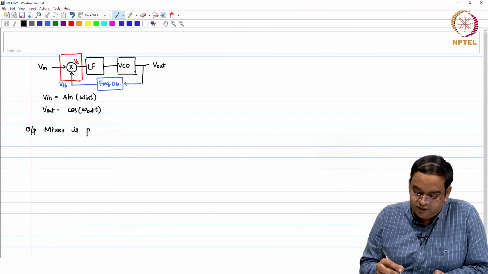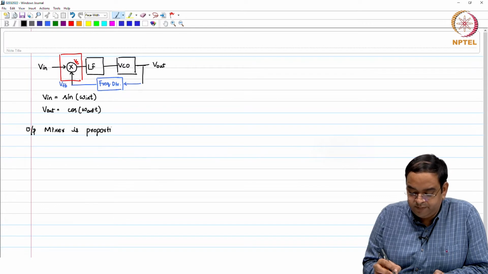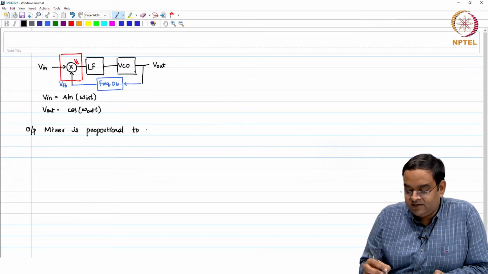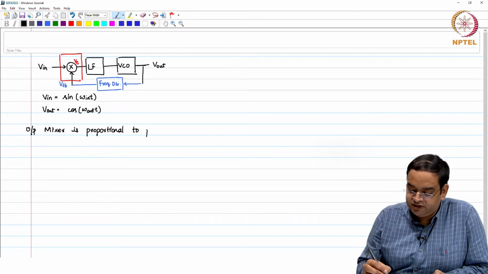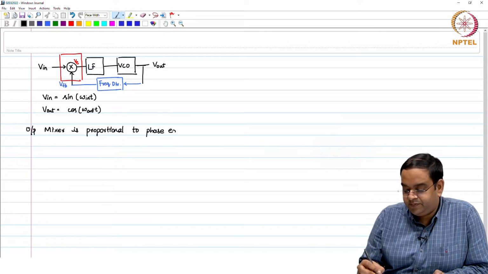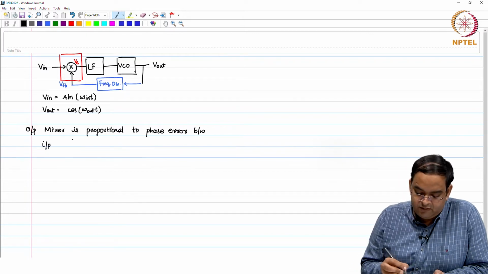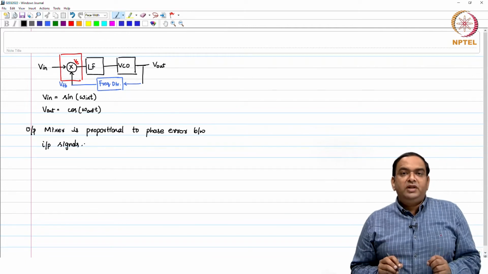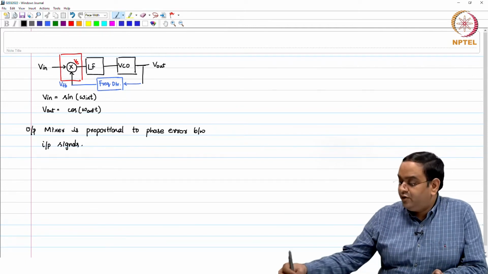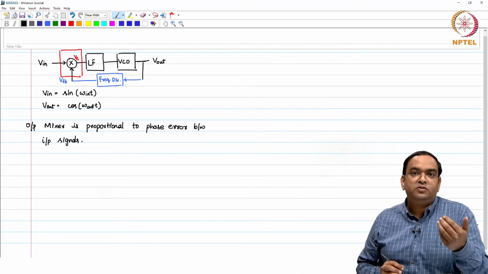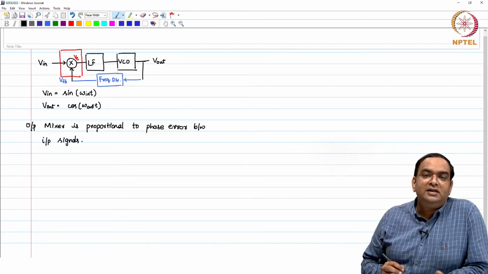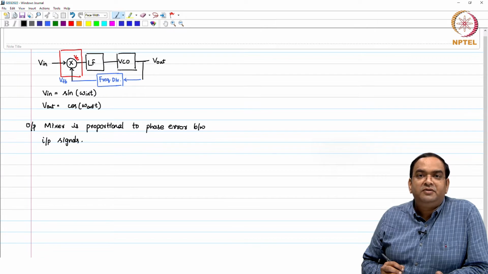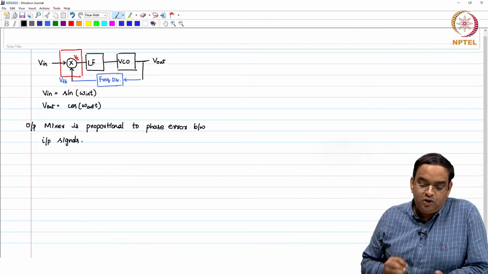The output of the mixer is proportional to the phase error between the input signals, one being your reference signal and the other the feedback signal. Now, when both the signals are not sinusoidal, how will you define the phase error? How are you going to design that particular block? That is something we would like to learn now.